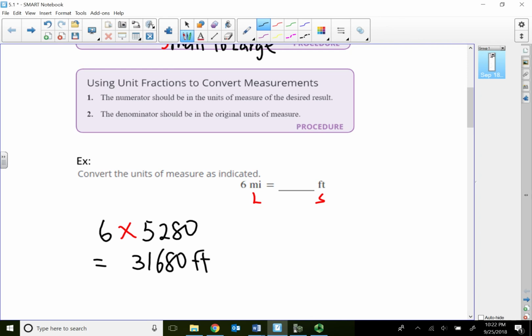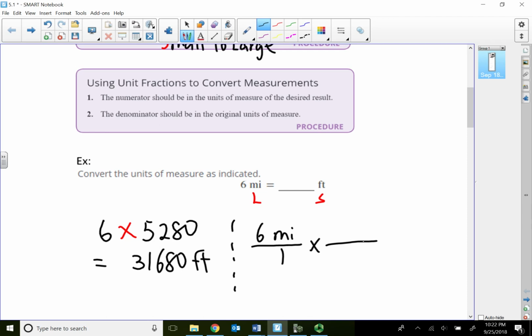All right, so let's say we use the unit fraction. The unit fraction method does not require you to know which is the larger unit and which is the smaller unit. You start by simply writing 6 miles over 1, because that instantly puts the unit mile on the numerator, and you multiply by another fraction.